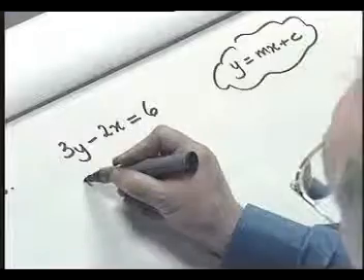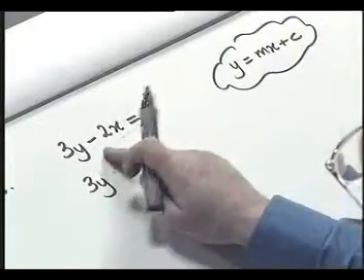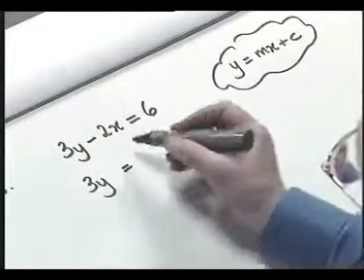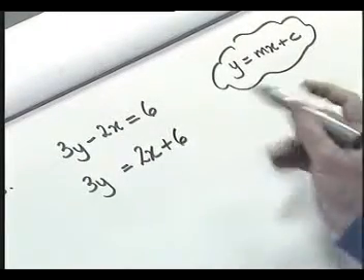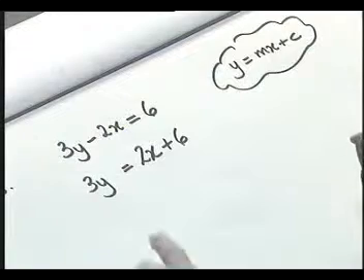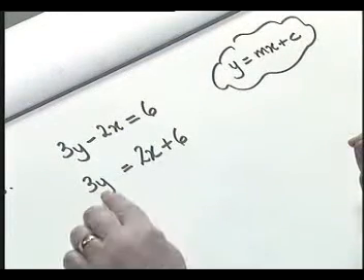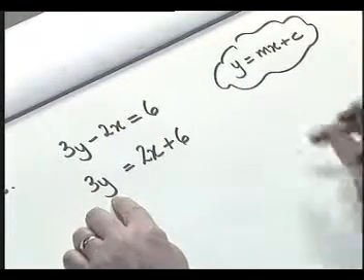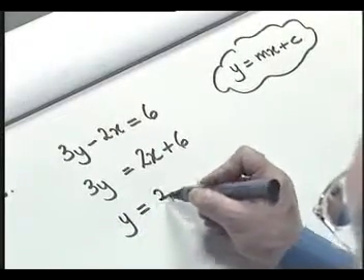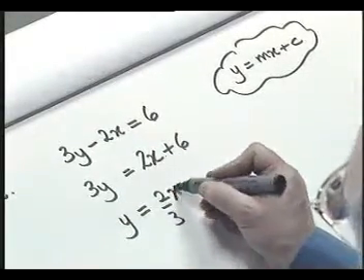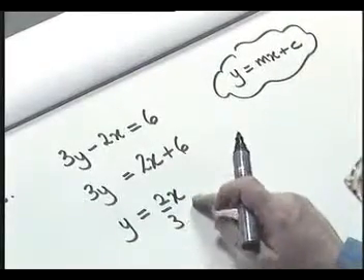I'll start by adding 2x to both sides, to remove this minus 2x from here. So if we add 2x to both sides, we'll get 2x plus 6 on the right. And now if I divide both sides by 3, I'll get y on its own, which is what I'm looking for. Dividing 2x by 3 gives me y is 2/3 of x.